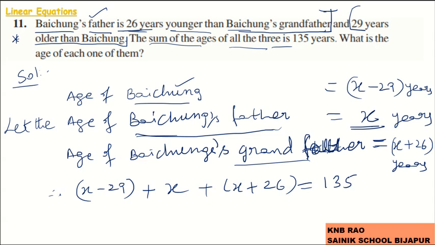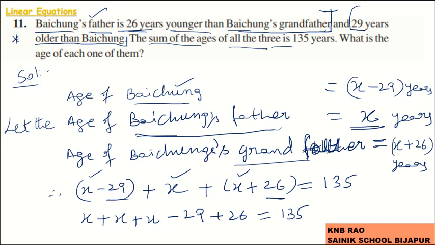Now, after removing brackets, x plus x plus x, these like terms will come together, minus 29 and plus 26, like terms will come together, equals 135. x plus x plus x is 3x, minus 29 plus 26 is minus 3, equals 135, is the linear equation which we could form.